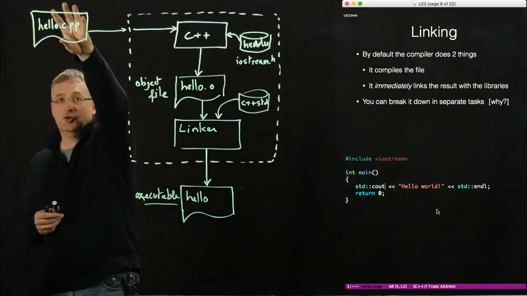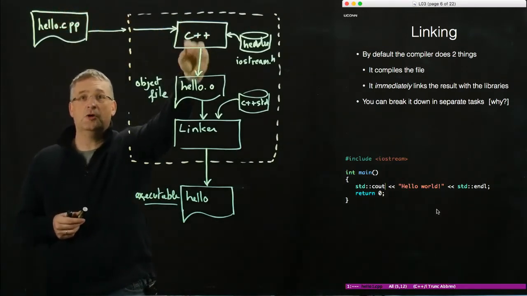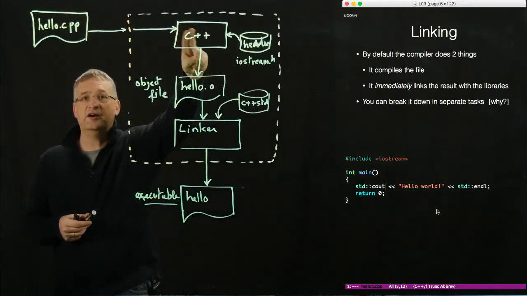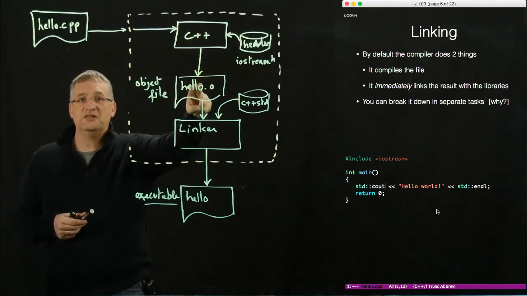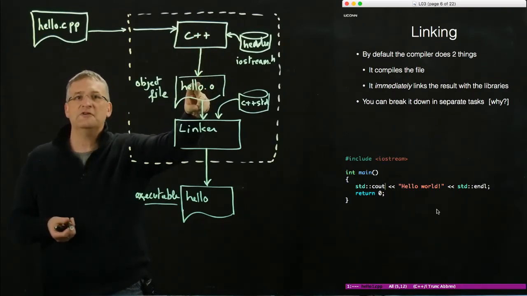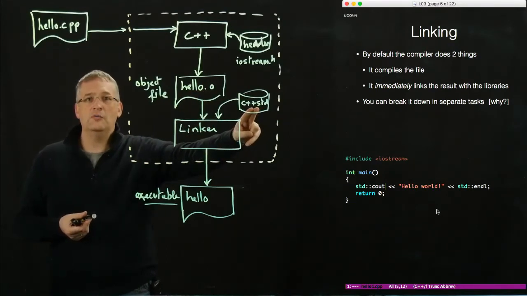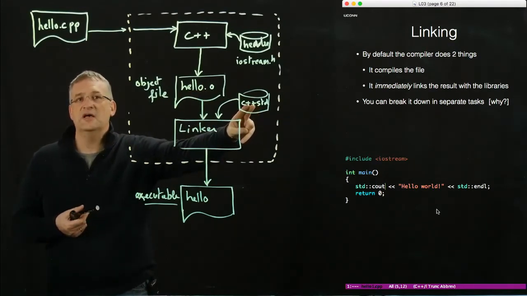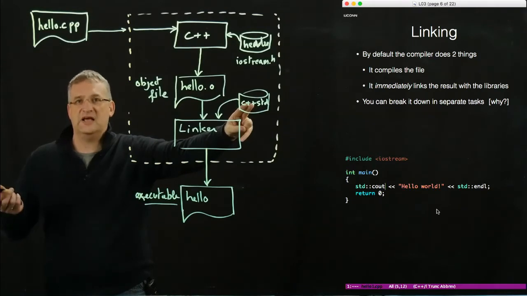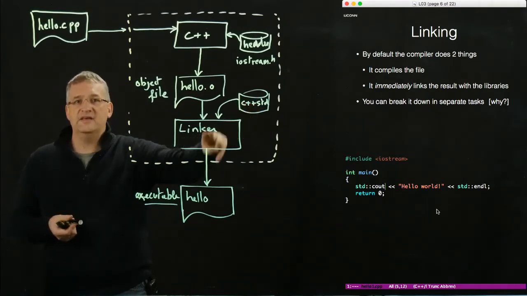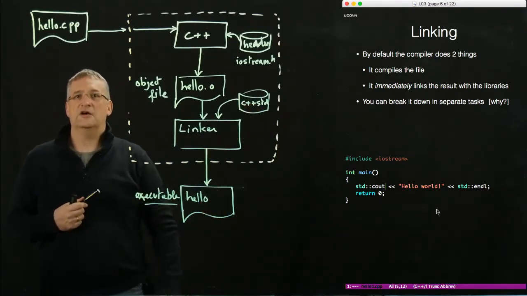We start from a source file. It goes into the compiler along with a collection of headers. This produces an object file, at least one, there could be several. Then this object file goes into the linker along with the libraries themselves. That is the implementation of things like stdout. And this yields an executable.